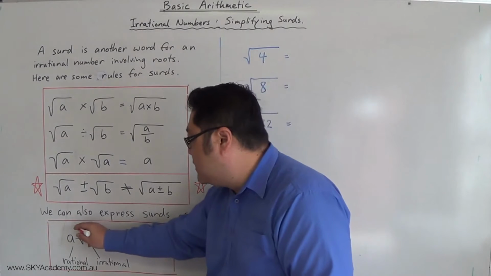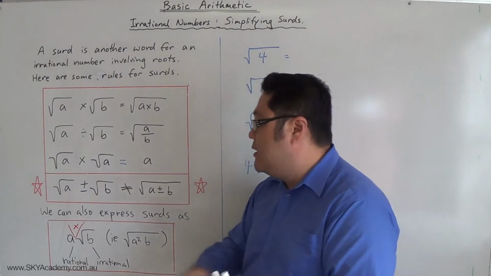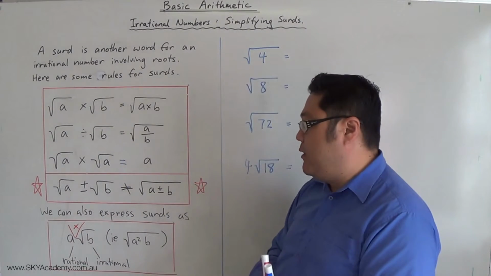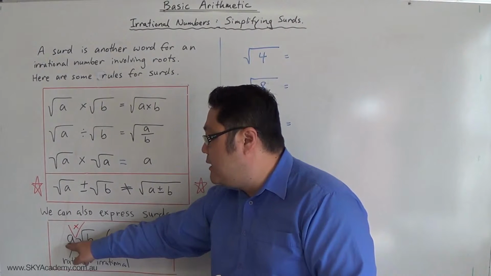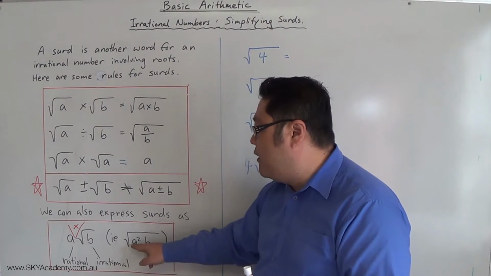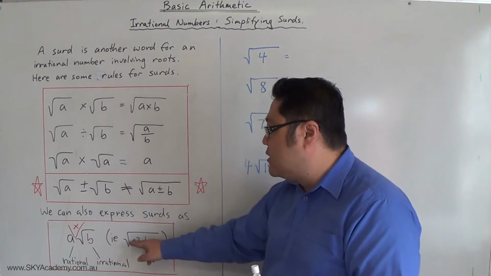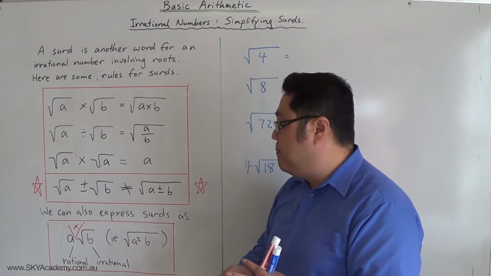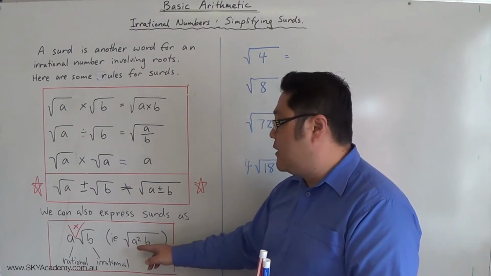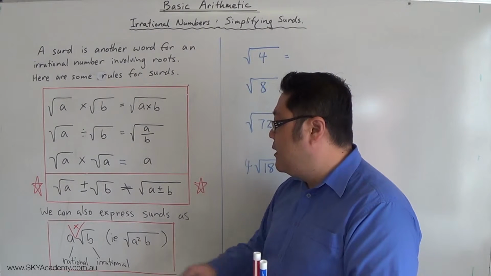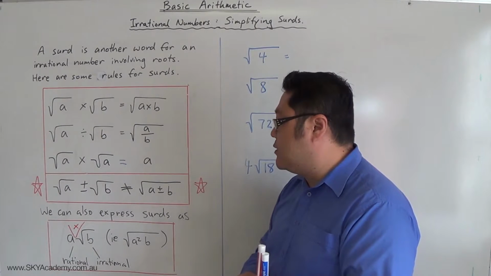There's an invisible multiplication sign in there, so A times the square root of B. Now, A can be the square root of A squared, so really A root B is the square root of A squared times B, all square rooted. That's what it will be equal to.